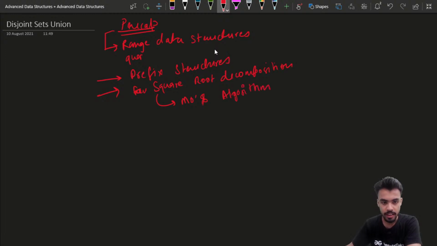After that we discussed the Fenwick tree, or you can say the binary indexed tree, and then segment trees. We have solved some problems on segment trees, and then we implemented the merge sort tree.